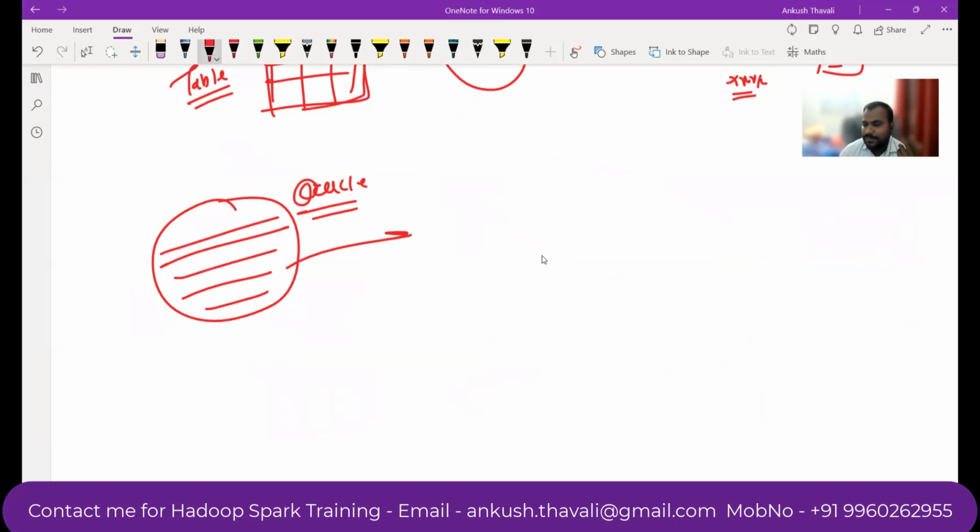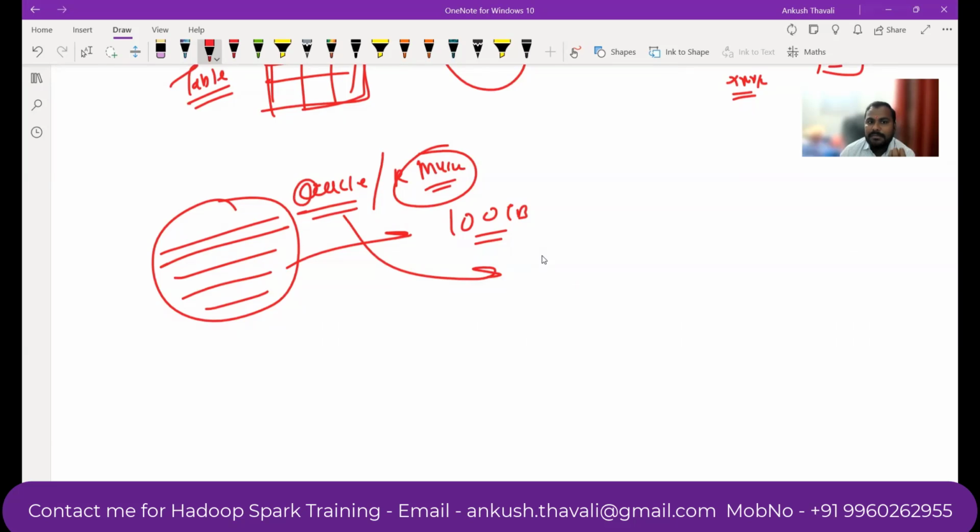But there will be a situation where your data goes to, let's say, 100 terabytes. Oracle will not be able to process such a big amount of data. It will be very difficult. You cannot process it with any RDBMS database like Oracle or MySQL.